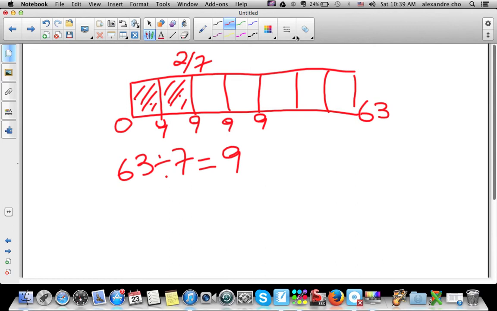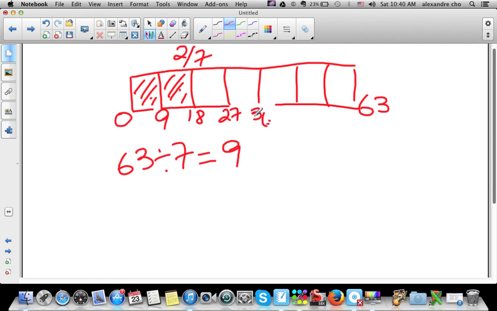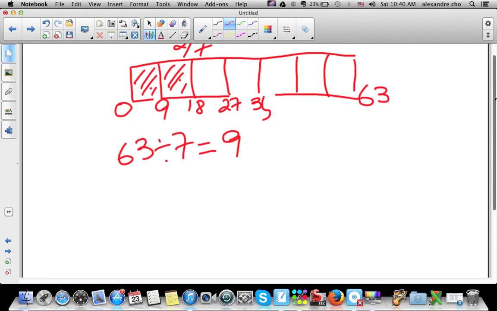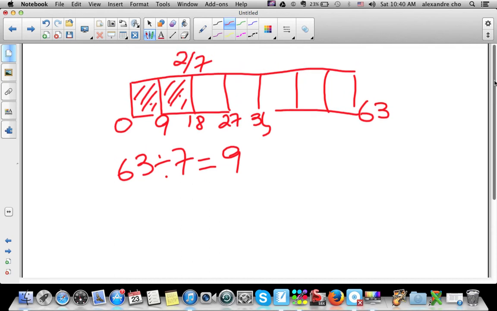Actually, instead of doing that, let me do it this way. I know this is 9, so if we count by 9, the second one is 18, 27, 36, 45, 54, and then finally 63.